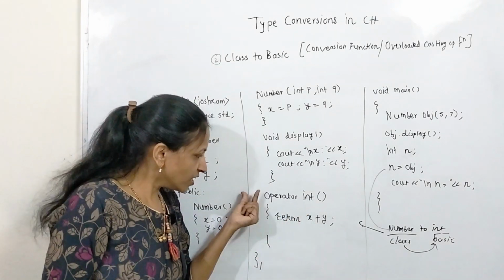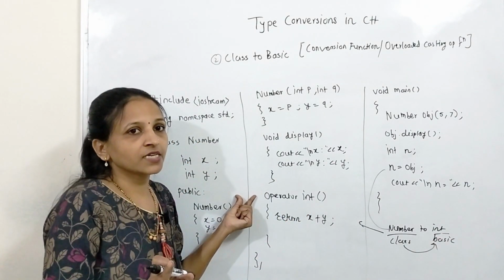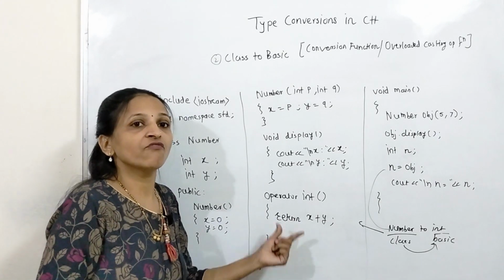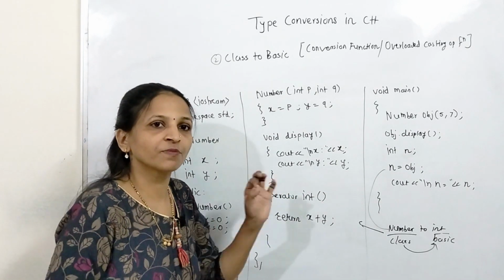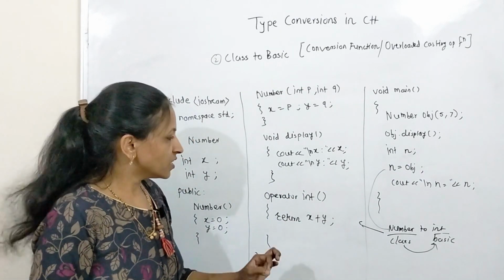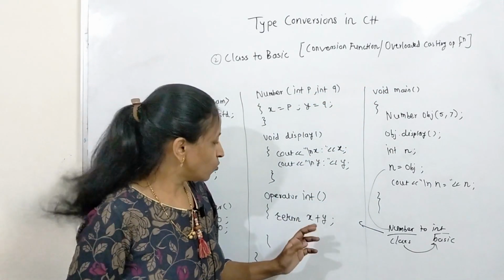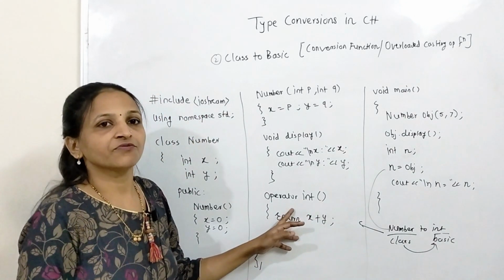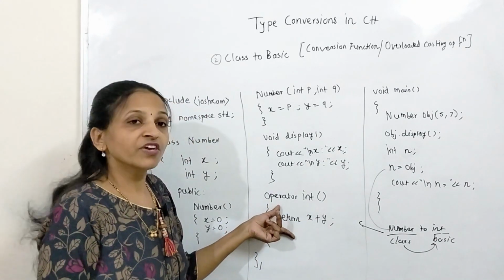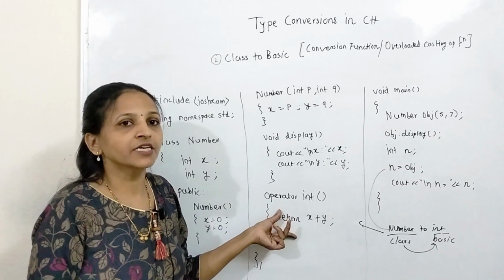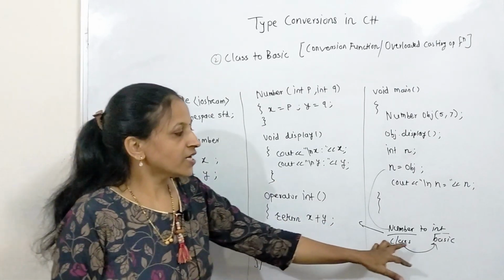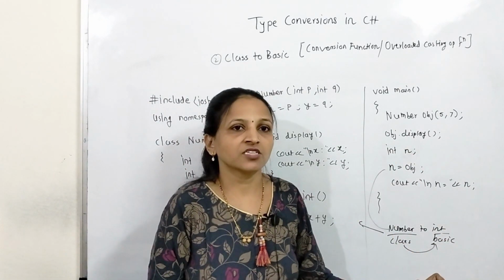That's why we are not mentioning any return data type, but we have to return a value of that basic data type from this function. Getting? This is nothing but a conversion function or overloaded casting operator function. And this we compulsorily have to write to achieve class to basic type conversion.